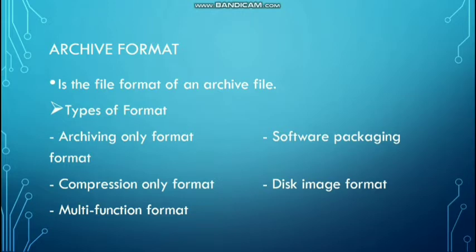Multi-function formats can store metadata, concatenate, compress, encrypt, create error detection and recovery information, and package the archive into self-extracting and self-expanding files. Software packaging formats are used to create software packages that may be self-installing files. Disk image formats are used to create images of mass storage volumes.